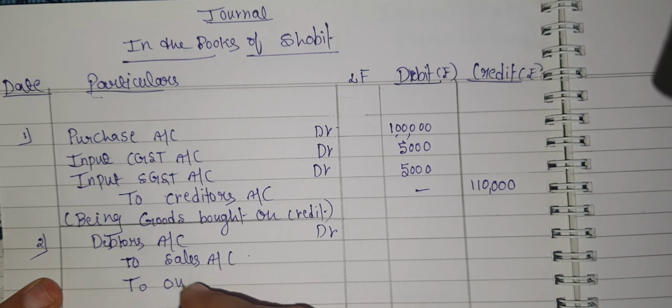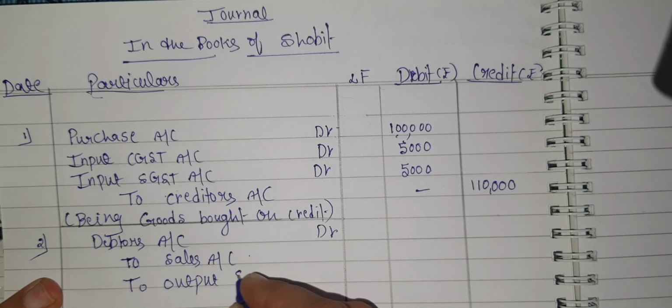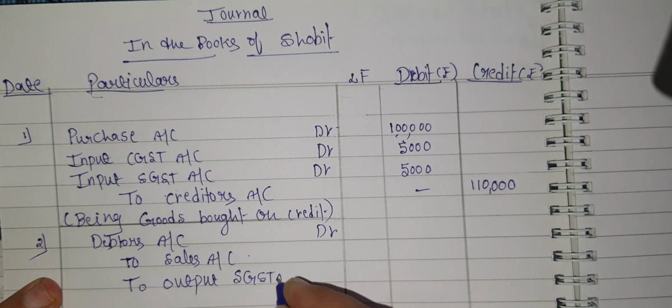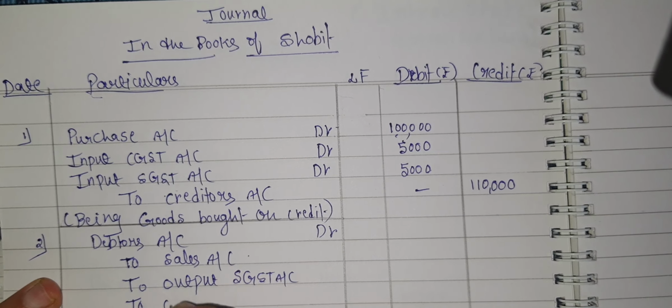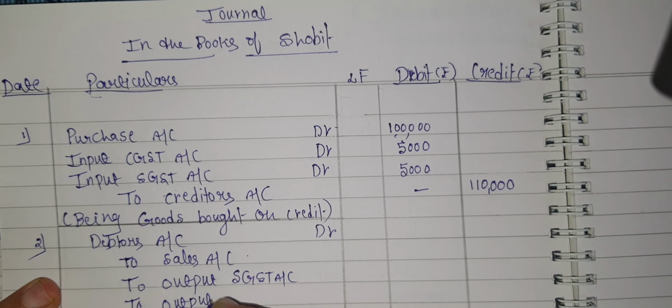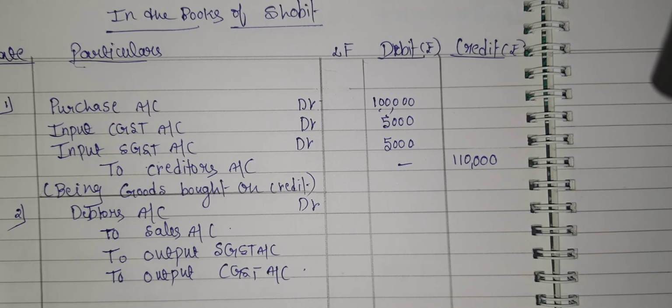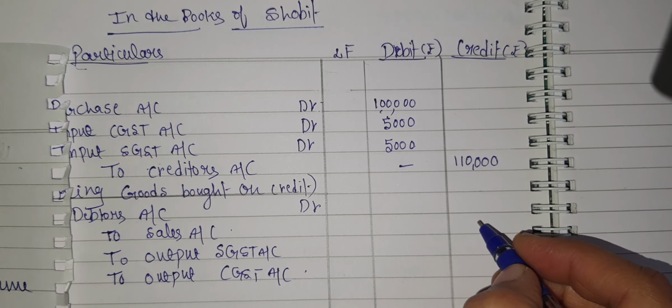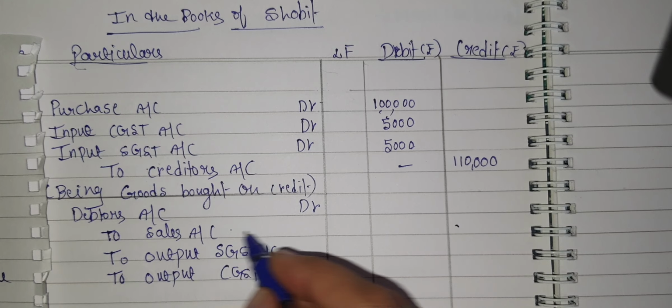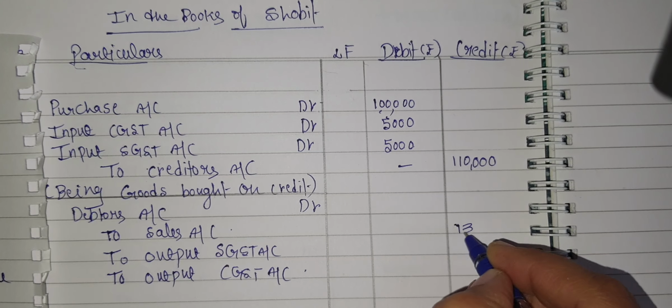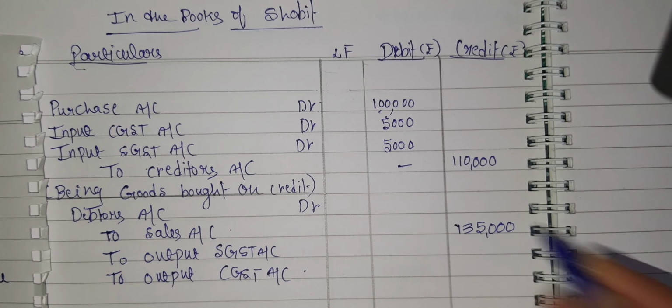to output SGST account, to output CGST account. So first we will write down the sales value, that is rupees 1,35,000. Sales value is the credit balance, rupees 1,35,000.